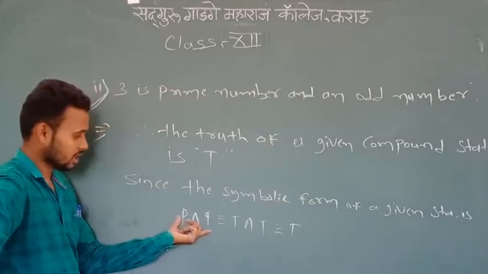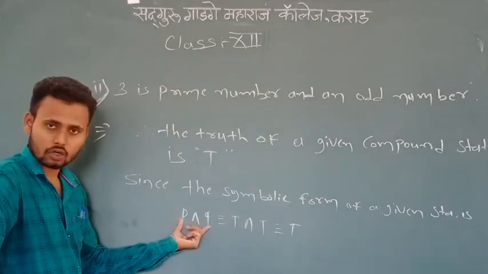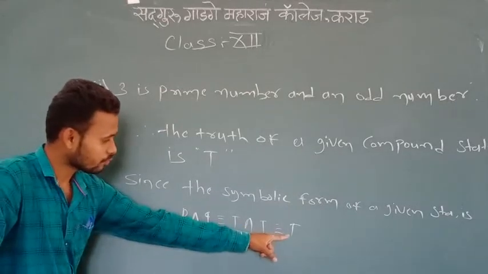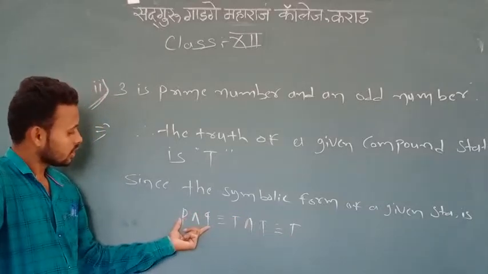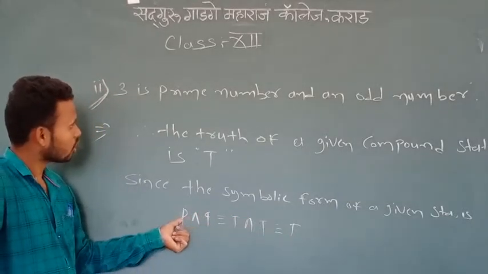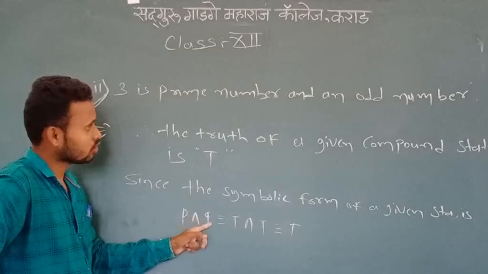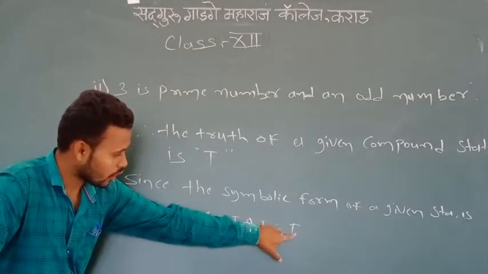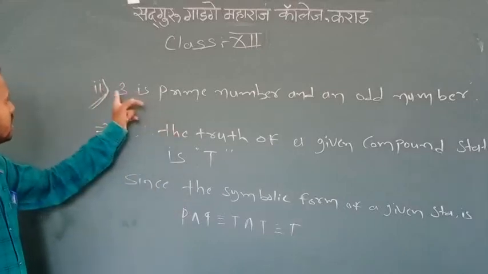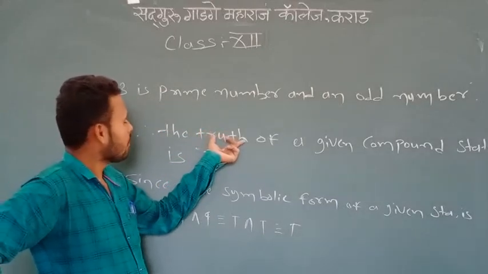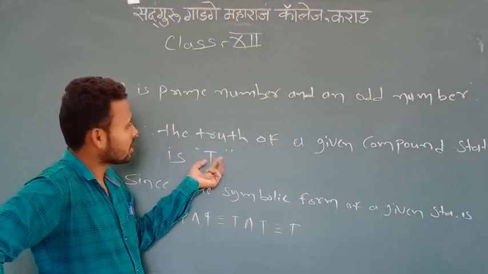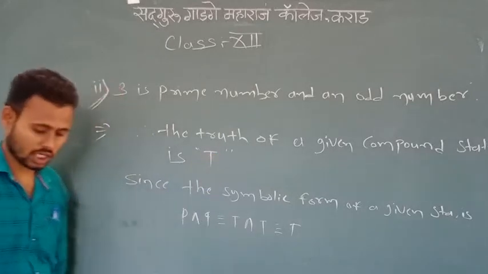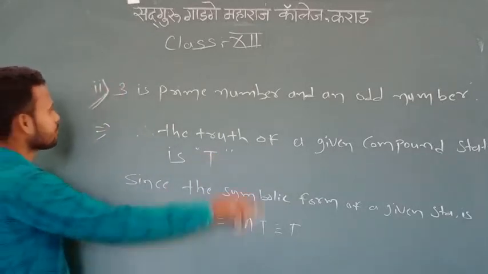Here p is '3 is a prime number' and q is '3 is an odd number'. The whole statement's truth value is T, therefore we say that the truth value of the given compound statement is T.